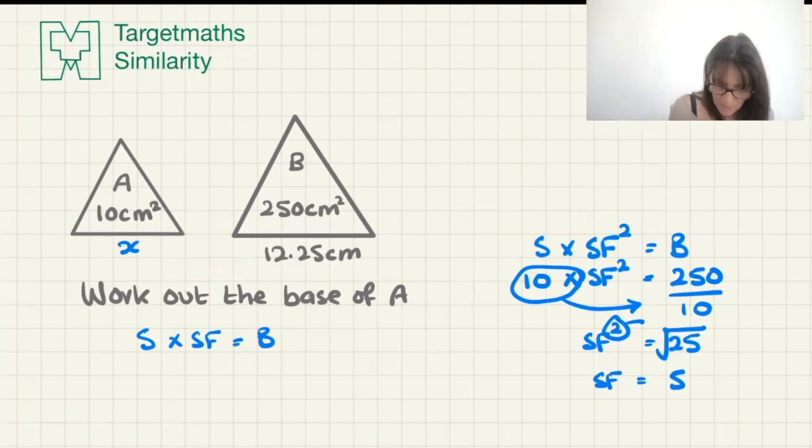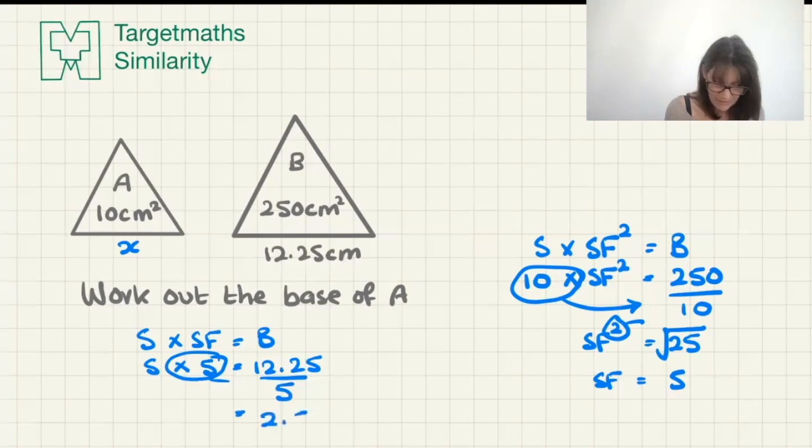I don't know the smaller. When I times it by 5, it's going to give me 12.25. If I want to know what S is, then I've got to get it on its own. So we take this and we divide it through by 5. And I now know the missing side is equal to 2.5 centimeters.